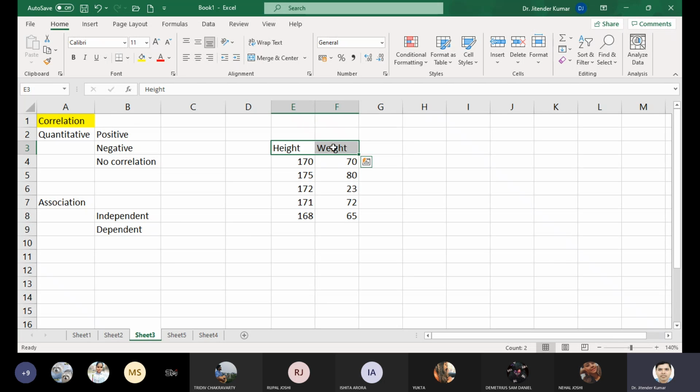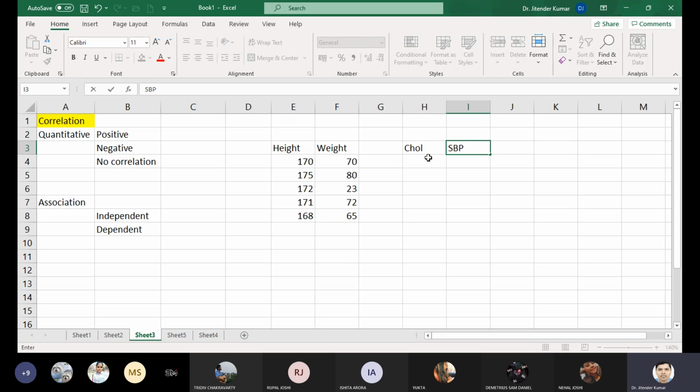But in some scenarios it may not be very clear which one will be dependent and which one will be independent. For example, cholesterol level and systolic blood pressure. Does blood pressure depend on cholesterol level, or does cholesterol level depend on blood pressure?